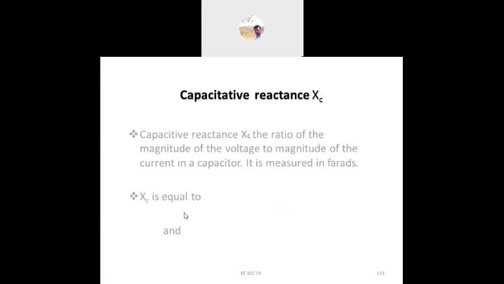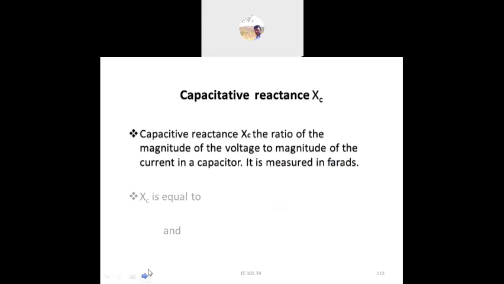Next we'll talk about reactance. The inductor has its reactance, indicated as XL. Similarly, the capacitor also has some opposition, indicated with XC.